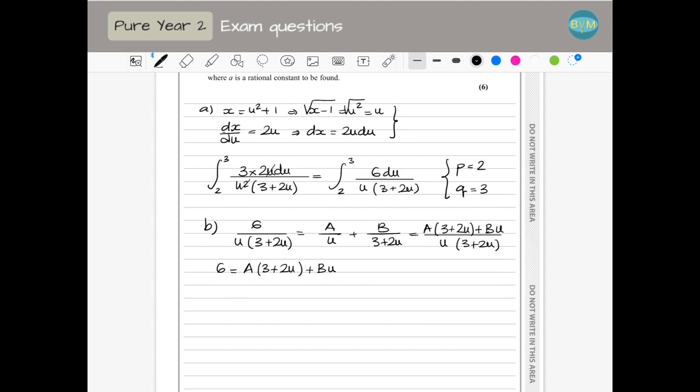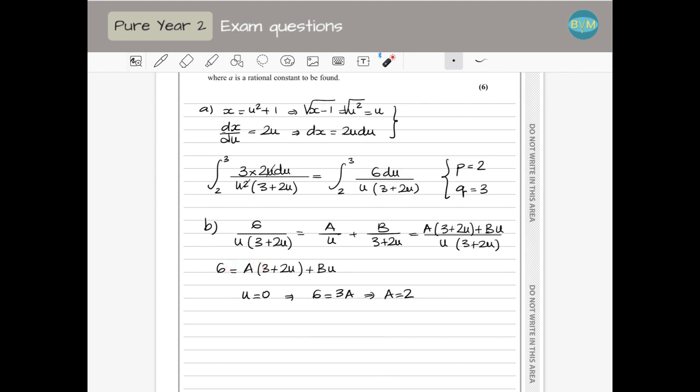So for example, if I make u equals 0, I get rid of this B here, and I have 6 on the left hand side, and on the right hand side I have 3A, which means that A is 2. And then for B, I could substitute u equals minus 3 divided by 2, but this is not a very nice number, so I'm going to compare coefficients.